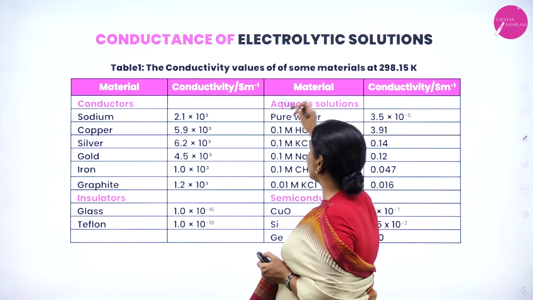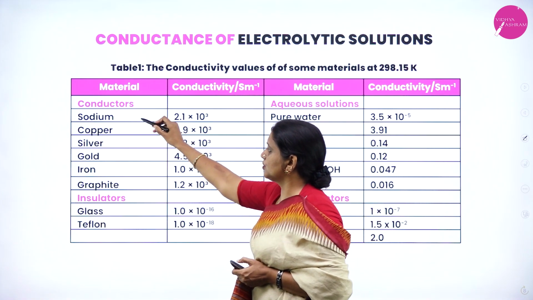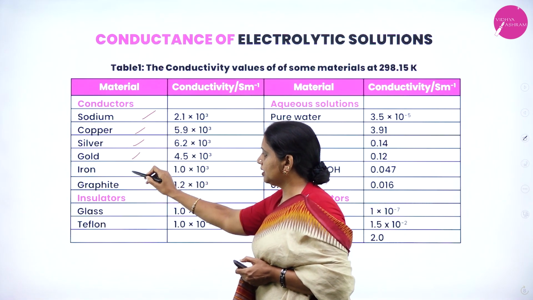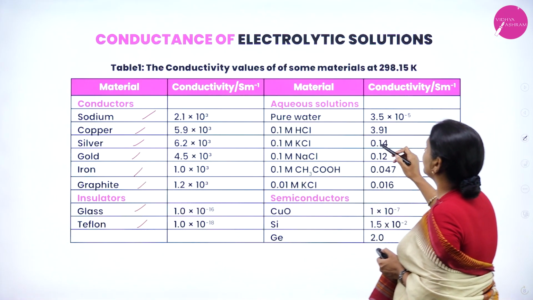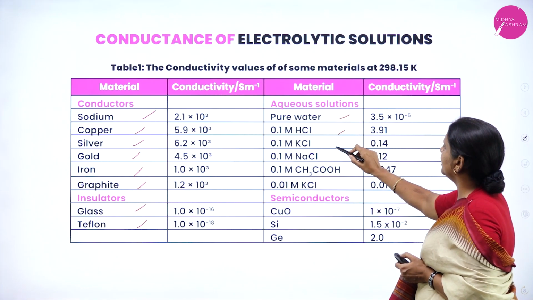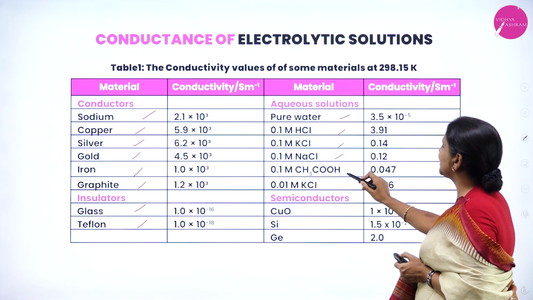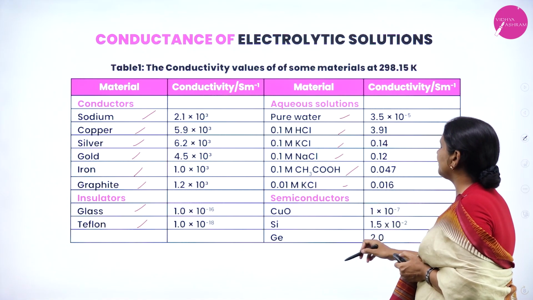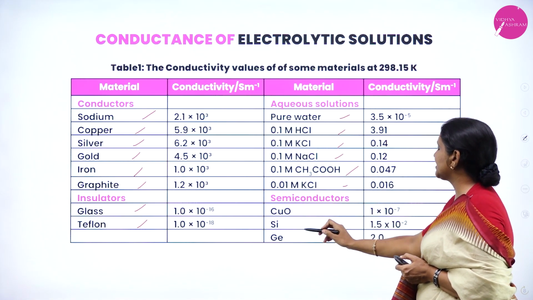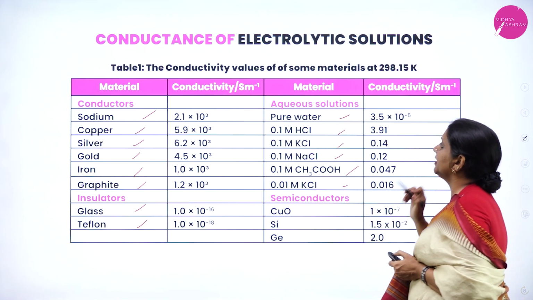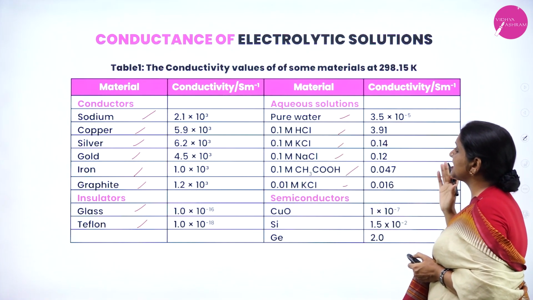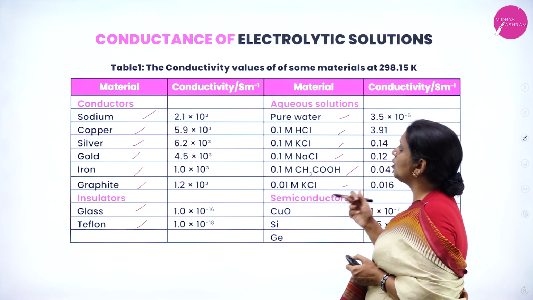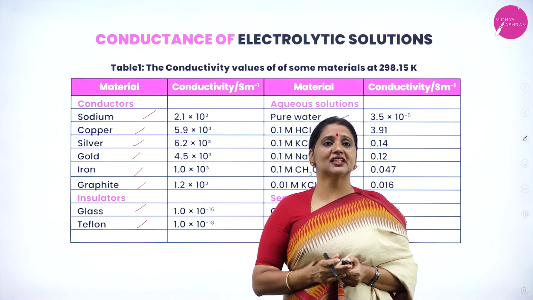So, we listed the conductivity of materials like sodium, copper, silver, gold, iron, graphite, insulators like glass, Teflon, aqueous solutions like pure water, HCl, KCl, 0.1 molar NaCl, acetic acid, and semiconductors like CuO, silicon, germanium. I have given the list. Please go through that. No need to memorize this. It is just for reference, to see what conductivity values the materials have.